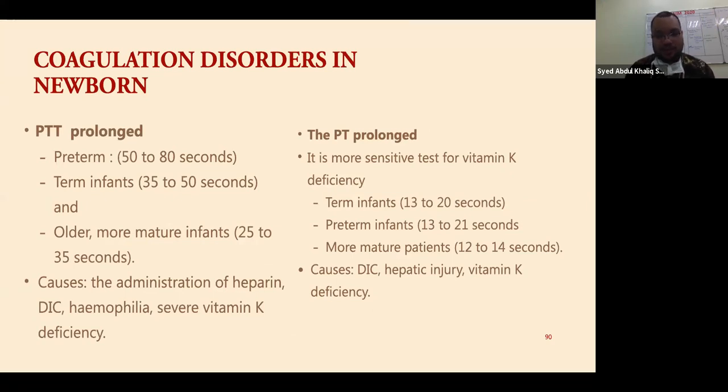So you cannot just depend on the numbers in UpToDate or anything. You need to look at the numbers for the machine as well, which is why the lab usually gives the normal reference range. You need to think about those things too, because the number will depend on the machine. Okay, all right.